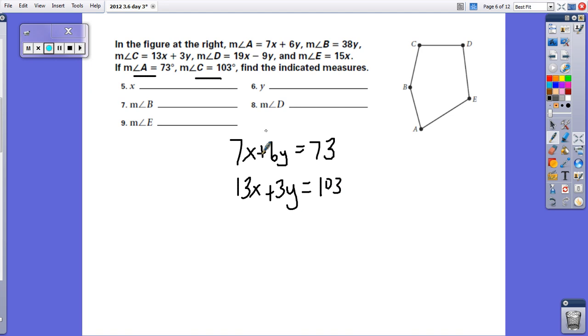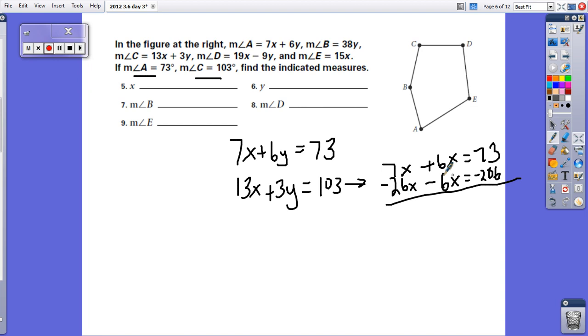Since you have a system of equations, we're going to multiply this entire equation by negative 2. If I multiply every single term by negative 2, then when I move the other equation over, I have opposites: I have 6x and negative 6x.